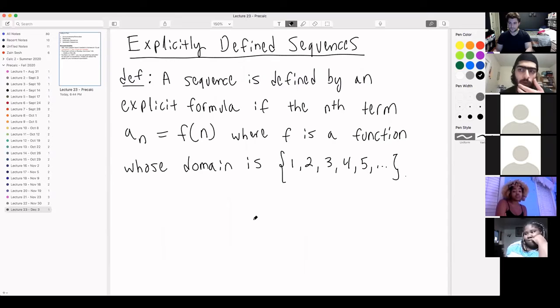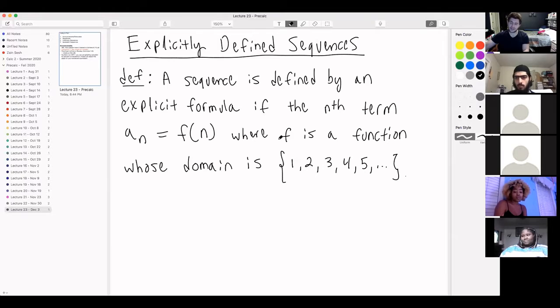And this is for all real numbers? You mean negatives, infinity? Are you talking about the inputs for f? Yes, the input. Well, no, because f is a function whose domain is 1, 2, 3, 4, 5, and so on.